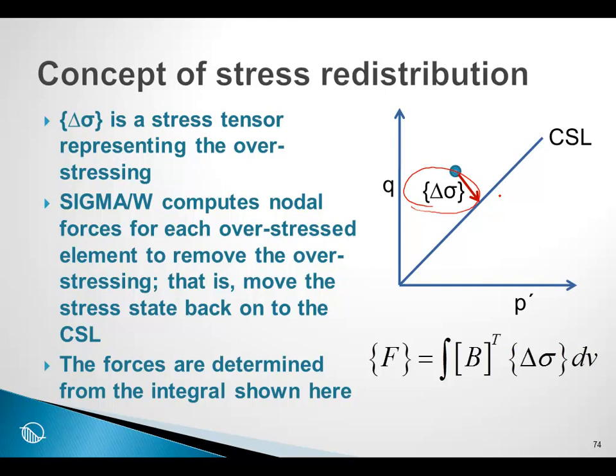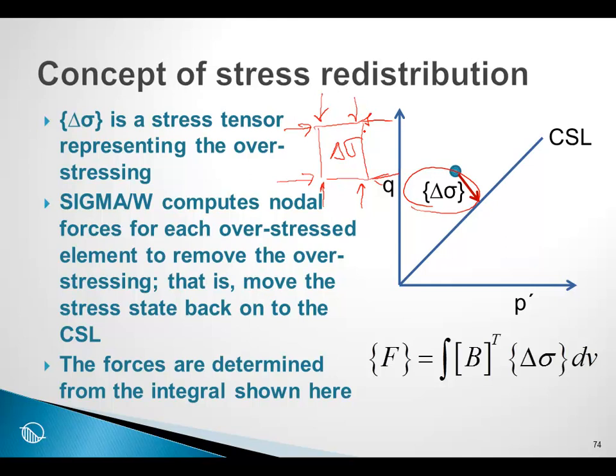And it is a stress tensor representing the amount of the overstressing. SIGMA/W computes nodal forces. If there's an element here, SIGMA/W computes forces on each element at the nodes, and these forces are applied to each element such that the delta stress here is removed and moves us back onto the critical state line.